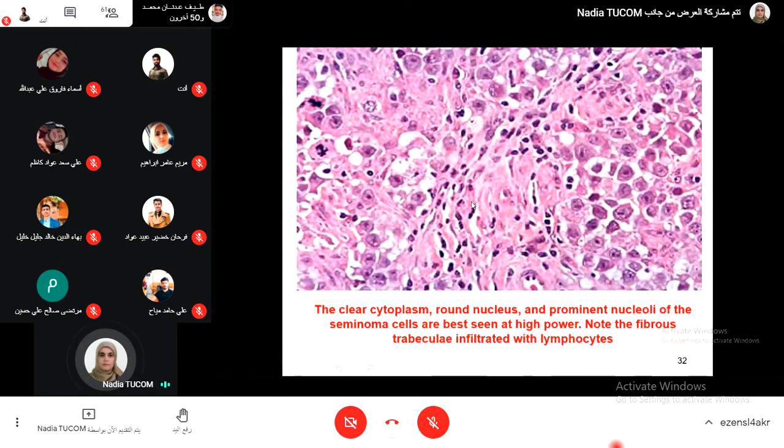Same picture, same features microscopically, identical to ovarian dysgerminoma.